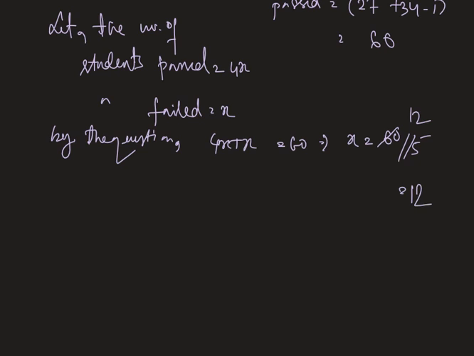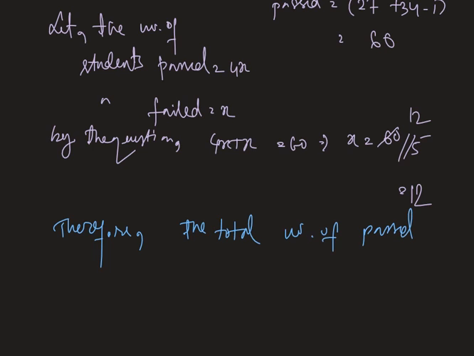Hence x is equal to 12. Therefore the total number of passed students is 48, and failed students is 12.